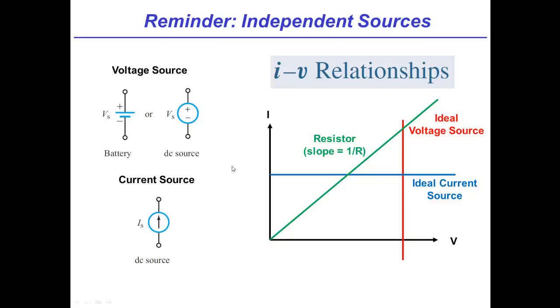Now, you can imagine that for a resistor, because of Ohm's law, the voltage across a resistor V is equal to I times R. Thus, basically just bring the R over. The slope of this line, because I is on the y-axis and V is on the x-axis, is going to be 1 over R. It's worth pointing out that these sorts of IV plots are things that we often make for all sorts of components.